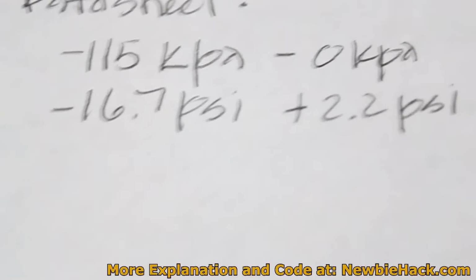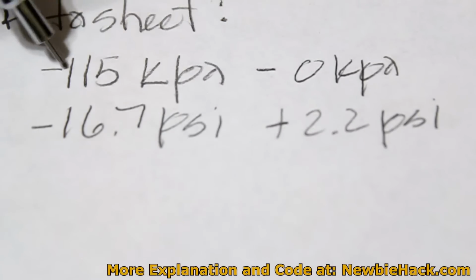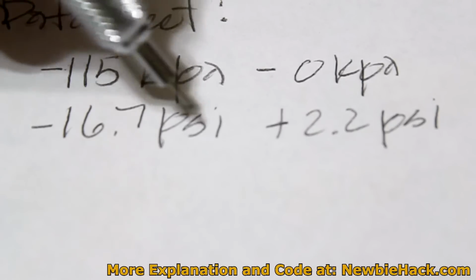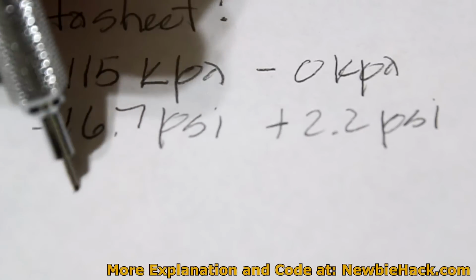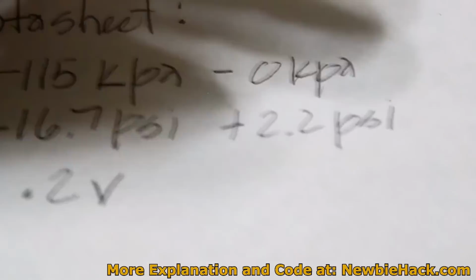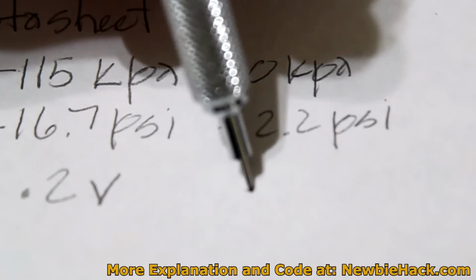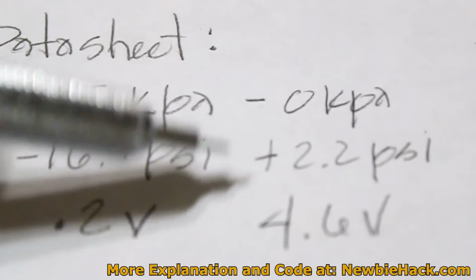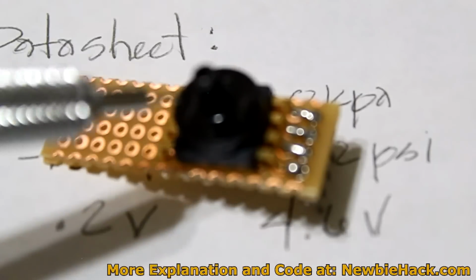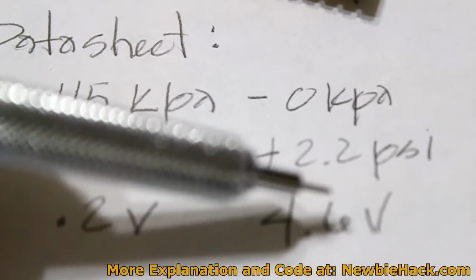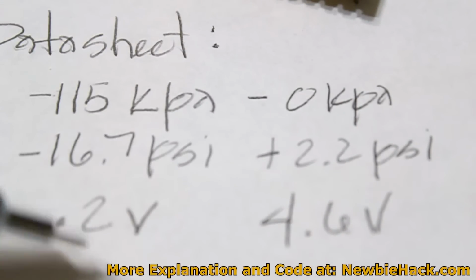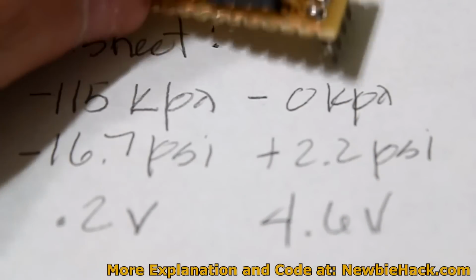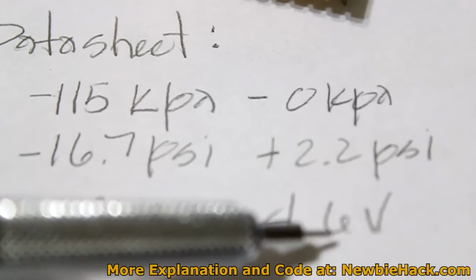And the voltage range that we're going to get at -115 kilopascals or -16.7 psi, we'll get 0.2 volts, and at the top end we'll get 4.6 volts. So we know that when we're vacuuming or suctioning from this port, the voltage is going to go down, and if we're adding positive pressure into this port from a vacuum, the voltage is going to go up.